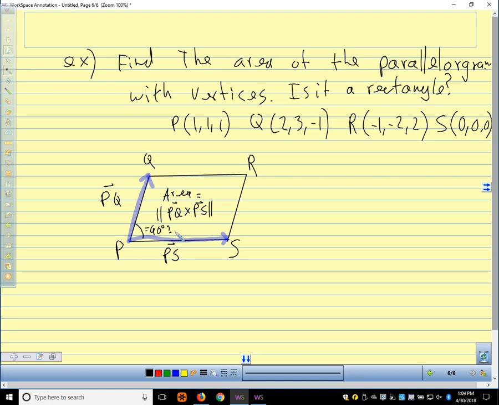If we do the dot product PQ dot PS, we don't even have to use the magnitudes. If that's a 90-degree angle, what does this come out to? 0. So what we're interested in is PQ dot PS equal to 0. If it is, then it's a rectangle. If it is not, then it's not a rectangle.